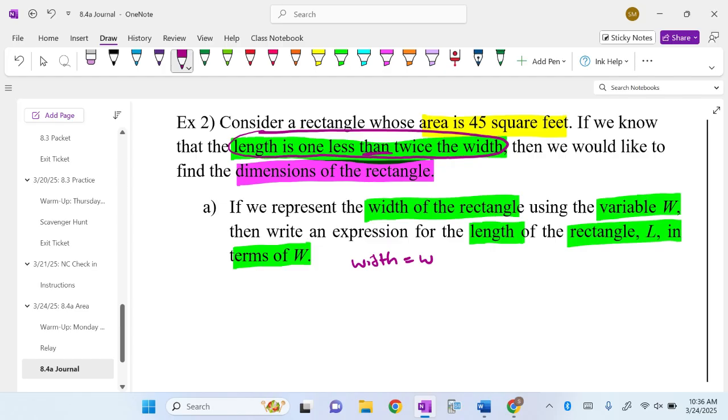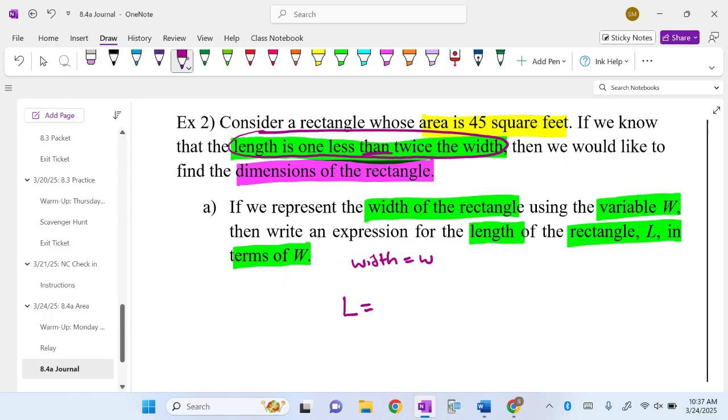What part of that expression? Right, twice the width. So length or L would be equal to what? If I'm saying twice the width. What does twice the width mean? Multiplied by 2. So I would represent that as what in math? So we're multiplying the width times 2.